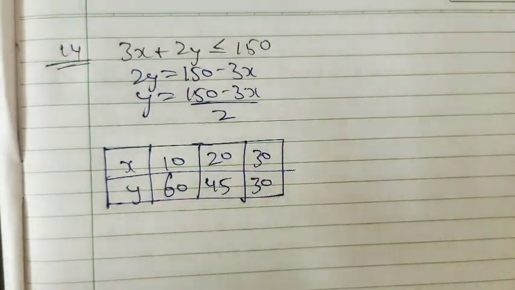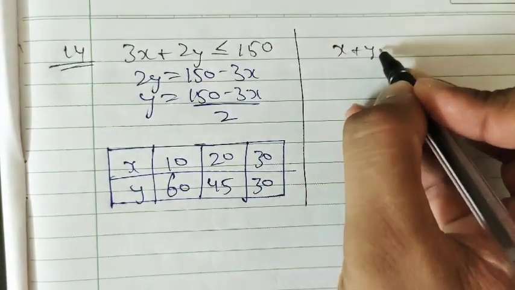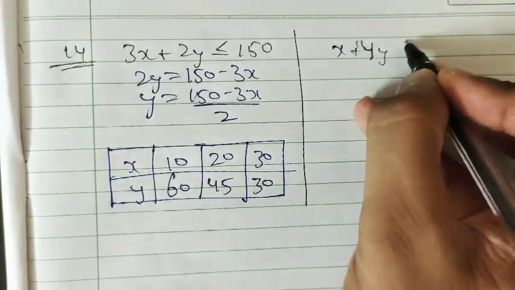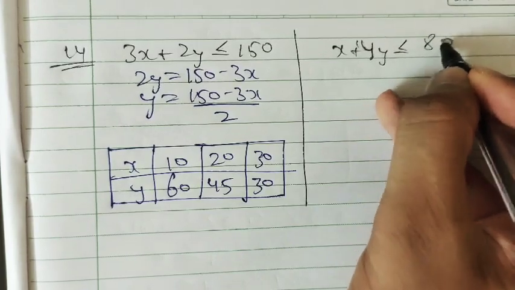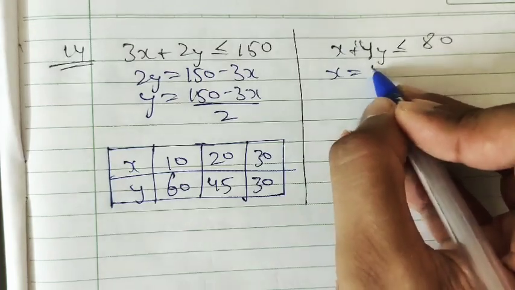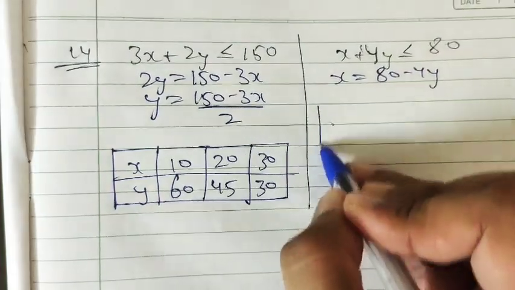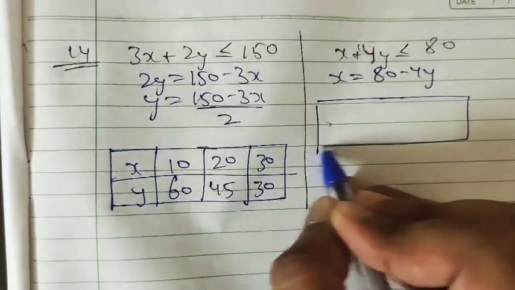Next equation is x plus 4y is less than or equal to 80. So from here we can say x is equal to 80 minus 4y. So for every different value of y we will have a different value of x.